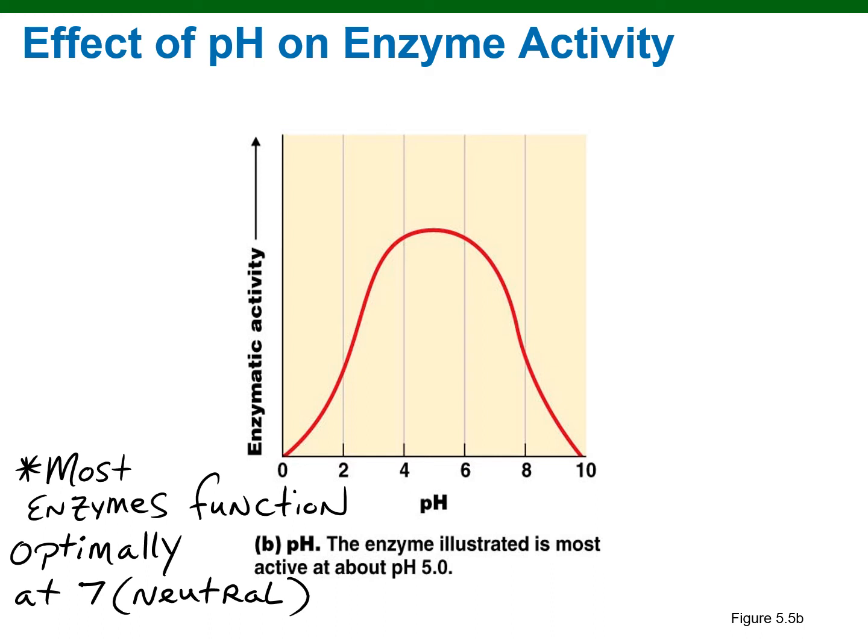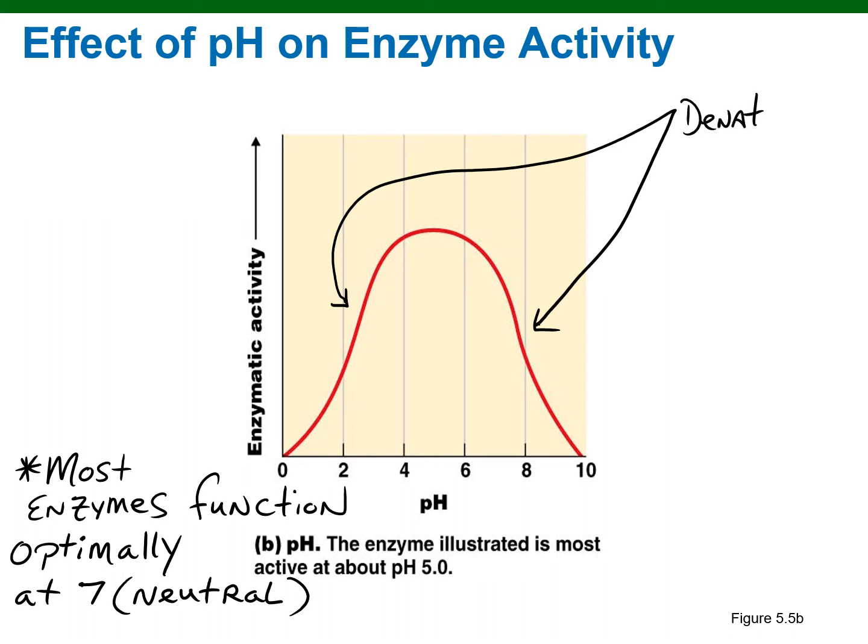This could be a graph showing an enzyme that functions in the digestive system. We have stomach acid, and so some enzymes will work in a much lower pH than 7. On either side of this peak, enzymatic activity drops off, here and here, due to less than optimal pH for this enzyme.